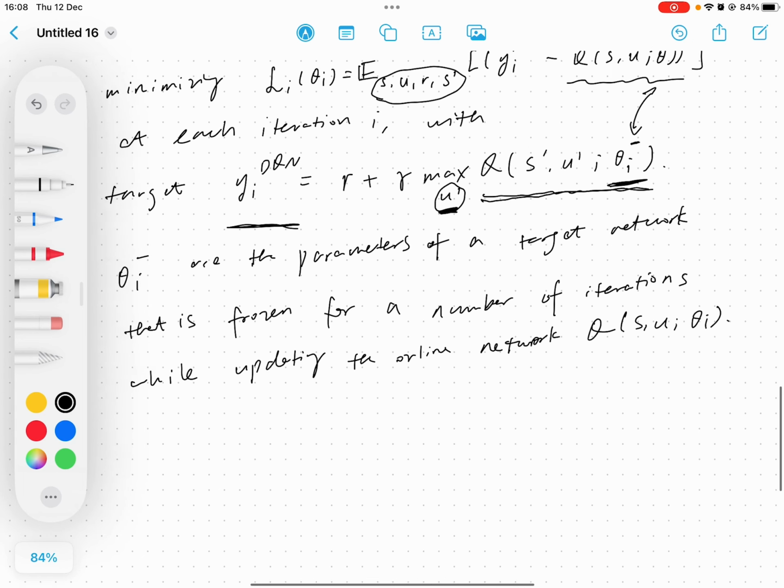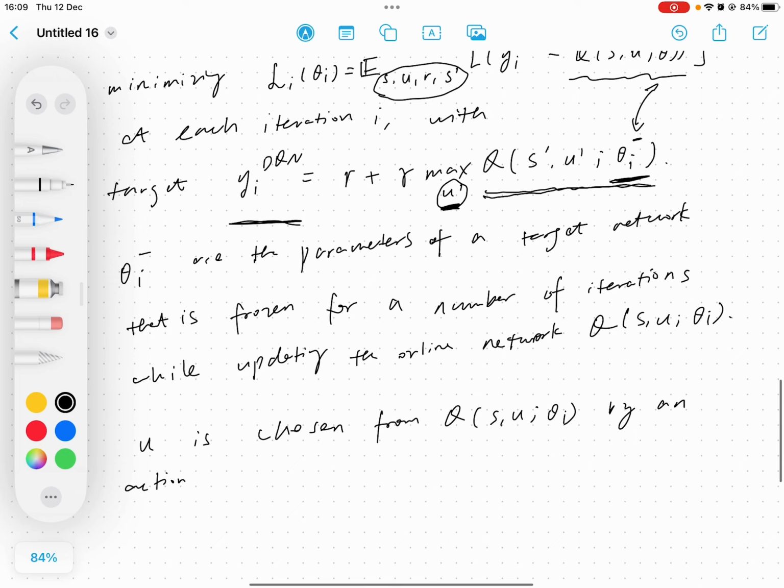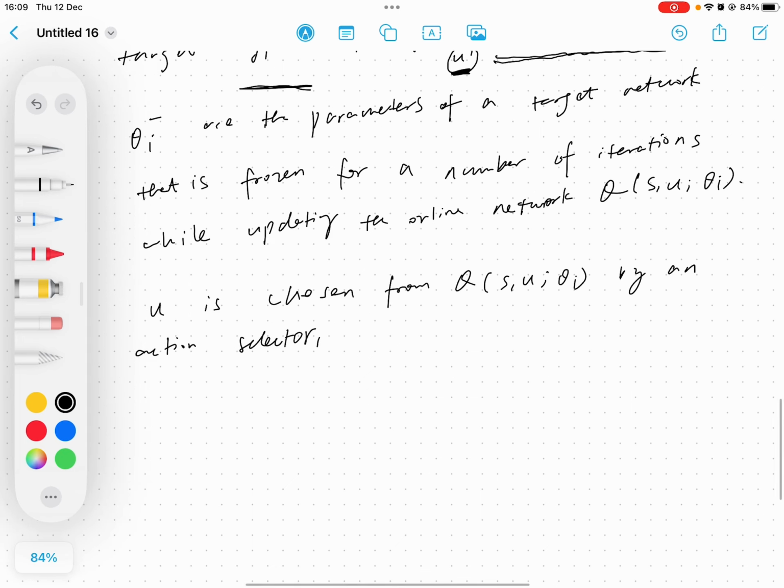All right, so that's action u, and that is chosen from this Q. So u is chosen from Q by some action selector. Here we implement some epsilon greedy policy.